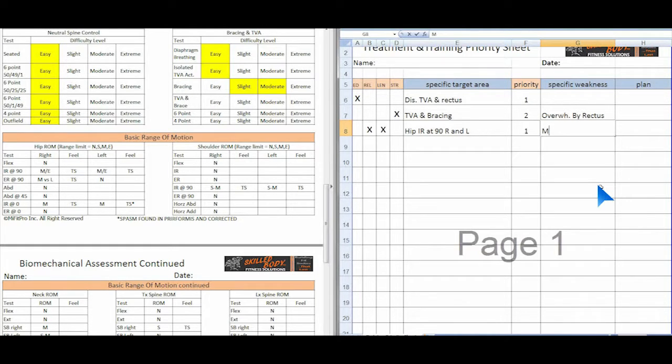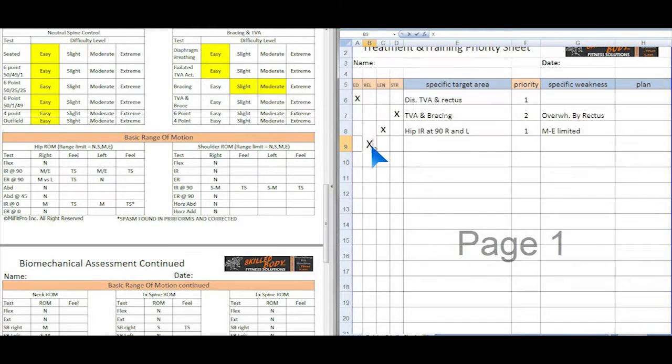external rotation. So this is moderate to extremely limited. And then we go to our next line. So now we have external rotation. It's moderately limited versus left. So this is an imbalance. We definitely want to correct imbalances as quickly as possible.